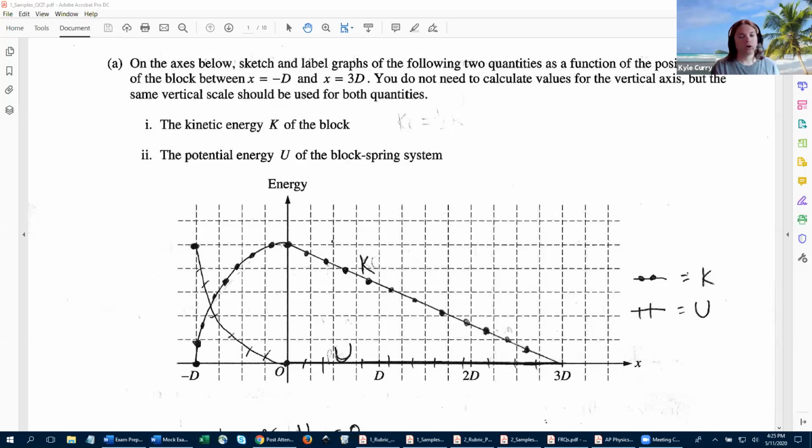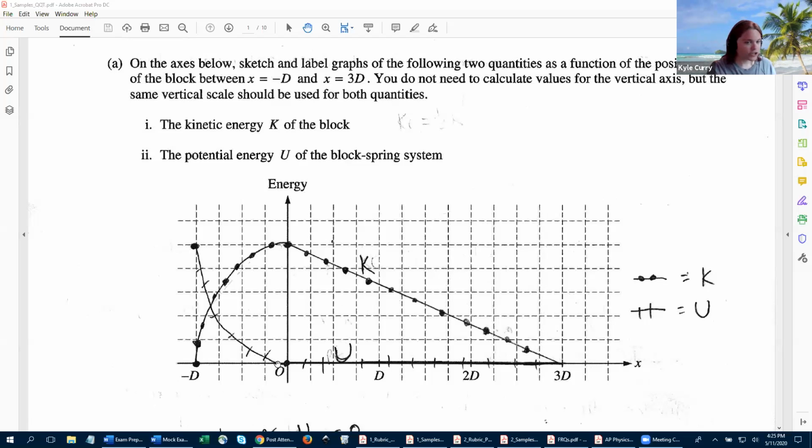This response earned 4 points. This response earned the maximum number of points. Don't forget the points we are actually awarding. First and foremost, at least one curve is correctly drawn from x equals negative d to 0. In this case, both curves are correct. The spring potential energy curve has the correct shape.